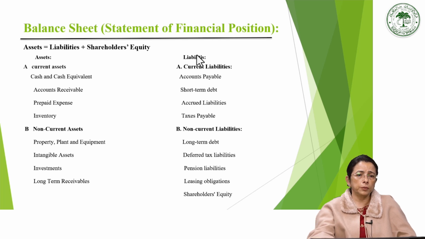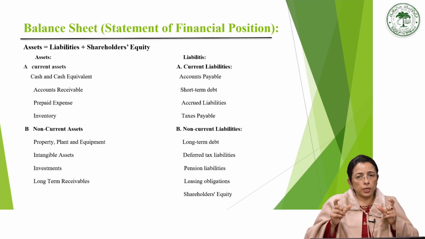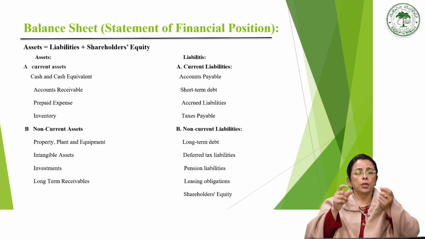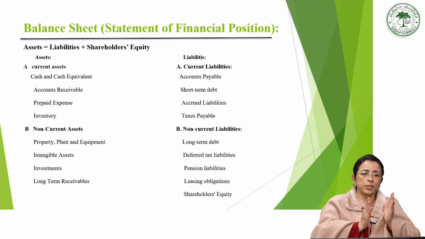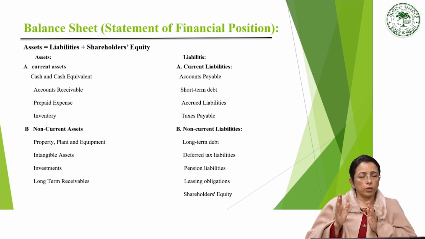This equation, assets equal to liabilities plus shareholders' equity, is something important to understand. A balance sheet reflects two pillars. If it is a horizontal balance sheet, on the left side we have all the liabilities, and on the right side we have all the assets.